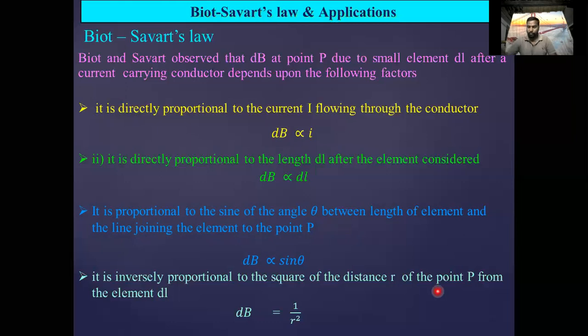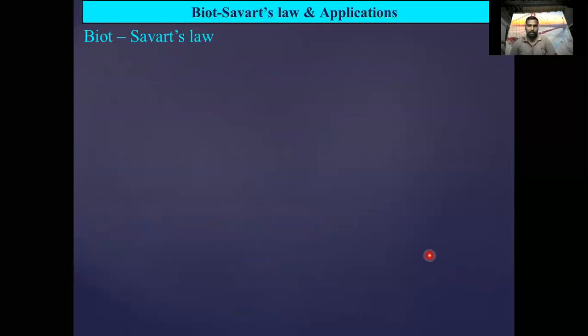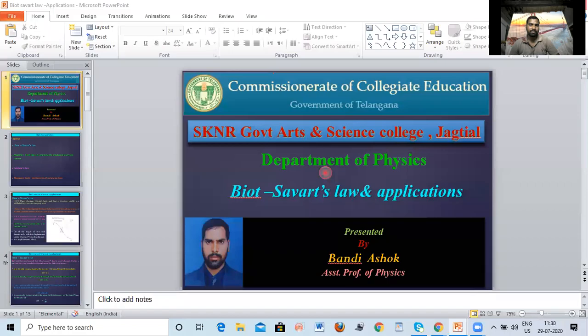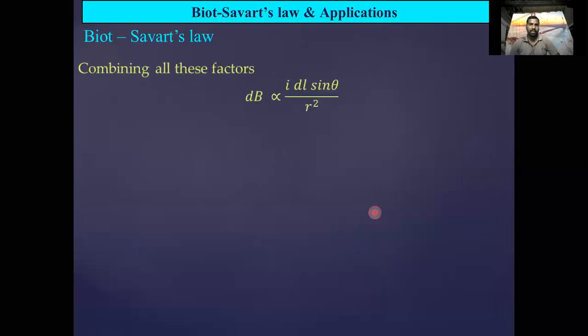Combining these four factors, dB is directly proportional to I, dB is directly proportional to dl, dB is directly proportional to sin theta, and dB is inversely proportional to r square. That is, dB is directly proportional to I dl sin theta by r square.